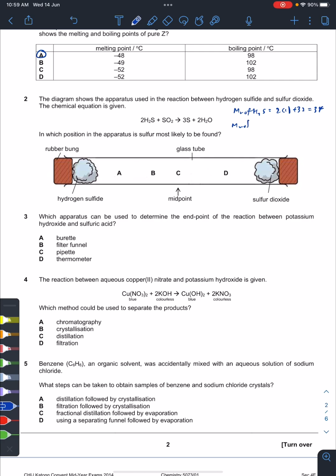The Mr of SO2 is 32 plus 2 bracket 16 equal to 64. SO2 is pretty slow. So I can write it as SO2 will diffuse slower to the left of the glass tube.